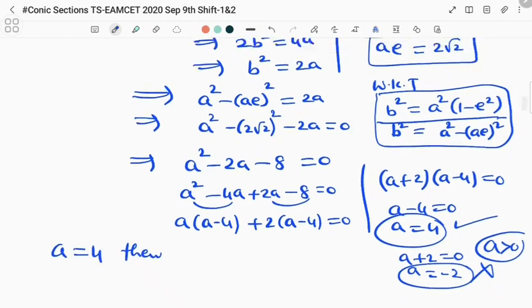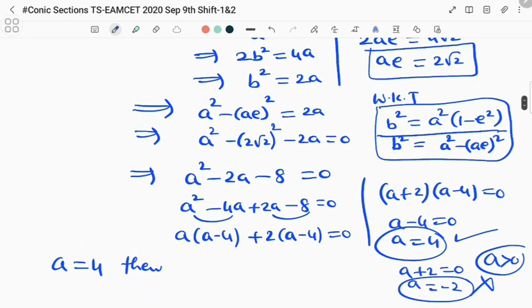So when A is equal to 4, then calculate the B square value. A square is anyway 16. B square is equal to A square, which is 16, minus AE whole square. AE value is 2 root 2 whole square. Substitute in this formula, dear students.